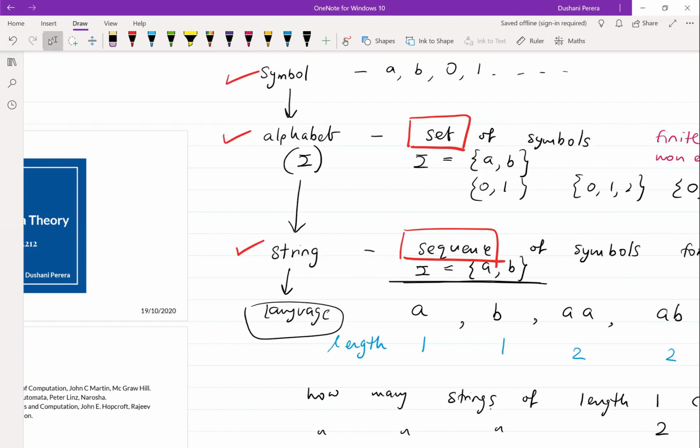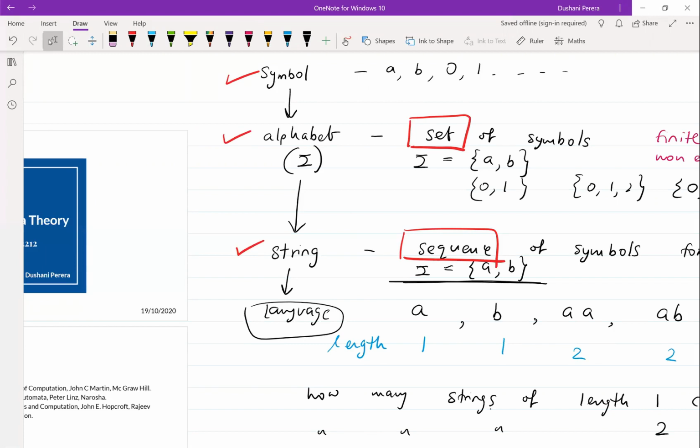And then they get together. A set of symbols is an alphabet, sigma, and then a sequence of symbols formed over an alphabet is called a string. A collection of strings becomes a language.